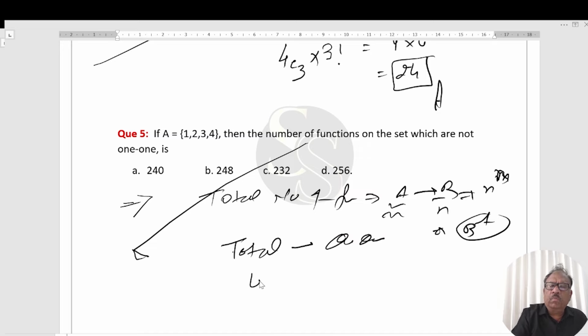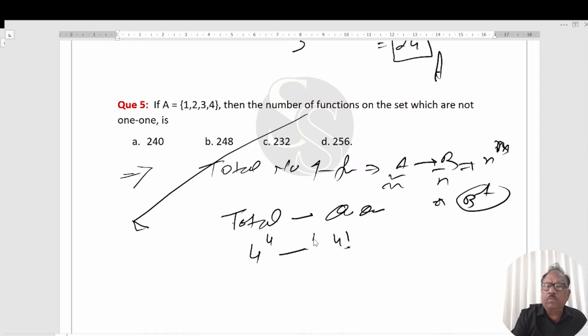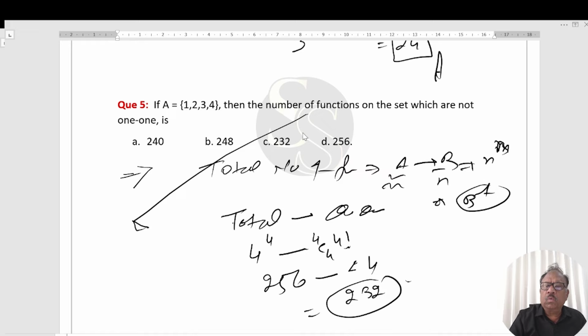Total will be 4 to the power 4 minus factorial 4. Out of 4 we have to select 4, 4C4, and arrange 4. 256 minus 24, the answer comes out to be 232. C is the correct answer, right?